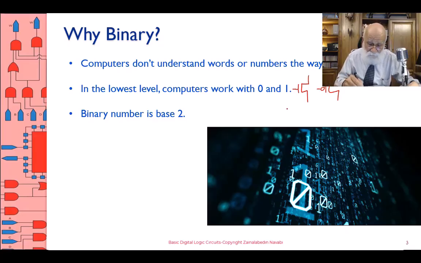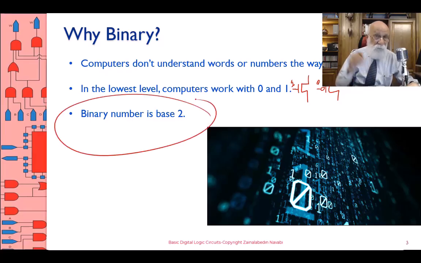The one on the left hand side, if there is a 1 on its gate input, it conducts. This one, if there is a 0, it conducts. Okay, so it either conducts or doesn't conduct. It either has a 0 or a 1, and everything is binary.